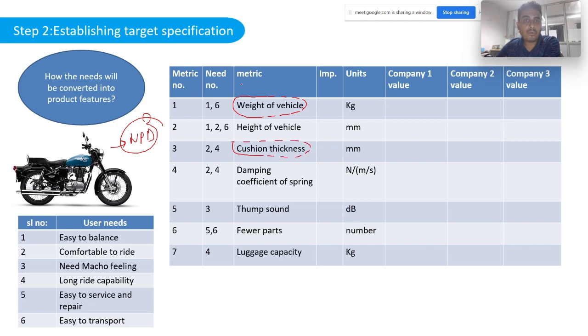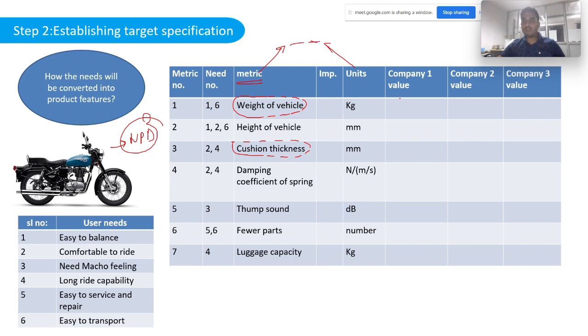As we discussed previously, from the user needs we arrive at certain specifications, and these have a metric and a unit. Metrics will have units.